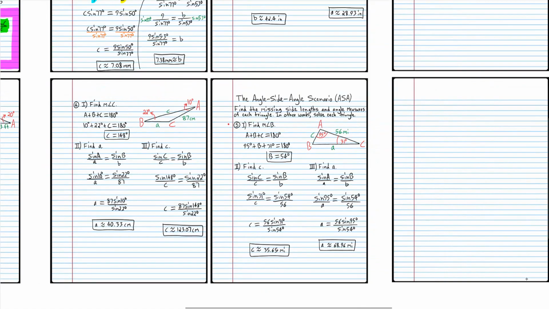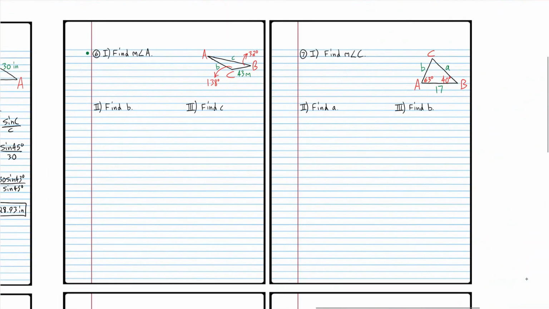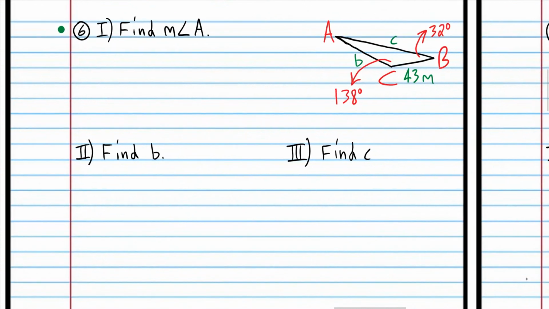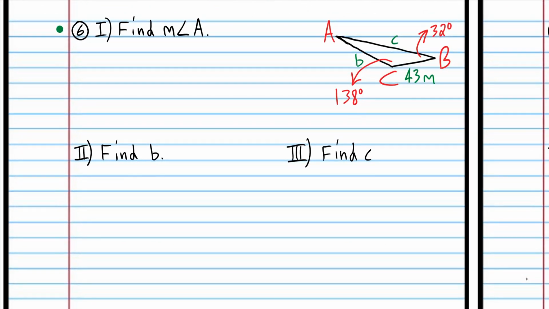And I want you to go ahead and try number 6. I think you have enough to do this problem. Again, these ASA problems are pretty much exactly the same as the AAS problems. So try number 6, and when you come back, we'll do it together.